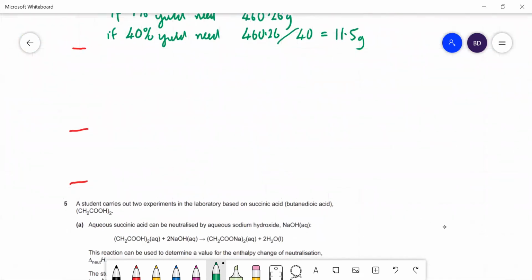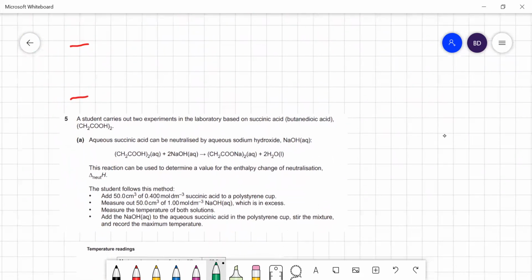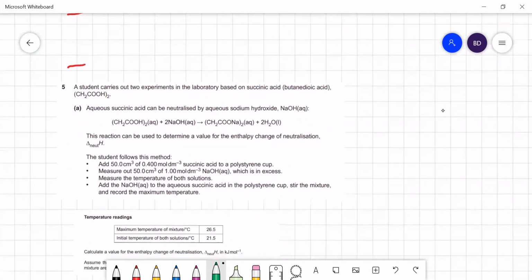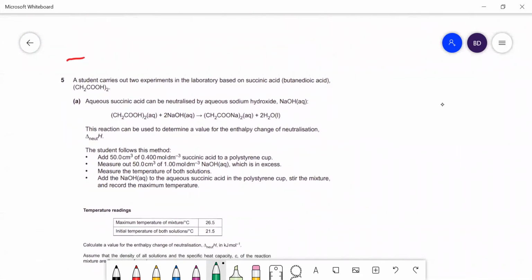Right, now on to one about forming an ester, and okay. Oh no, delta H, this one, sorry, it's a neutralization first of all. This reaction we can use to determine a value for the enthalpy of neutralization of this compound. So what we're going to do here is use Q is equal to MC delta T. That will give us the heat, Q, the quantity of heat released in our experiment.